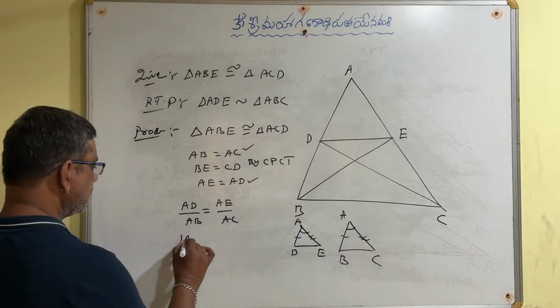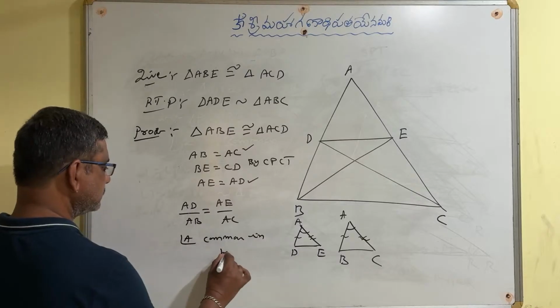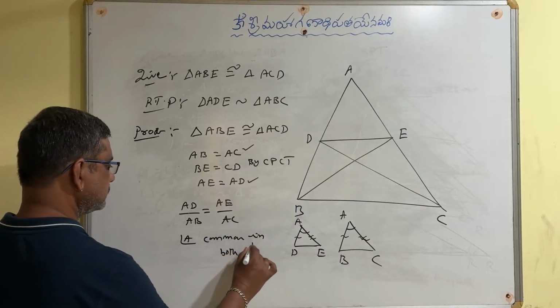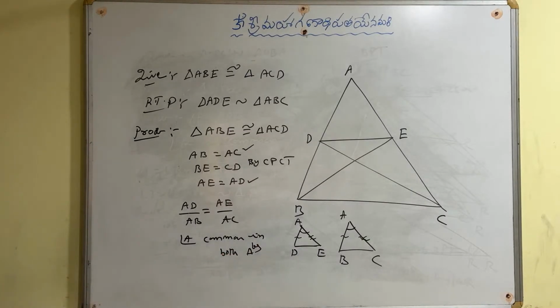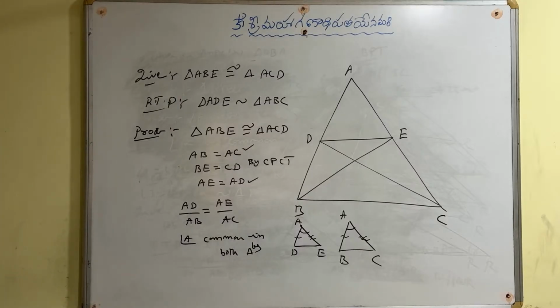By SAS similarity, triangle ADE is similar to triangle ABC. Okay? Yes, SAS criteria.